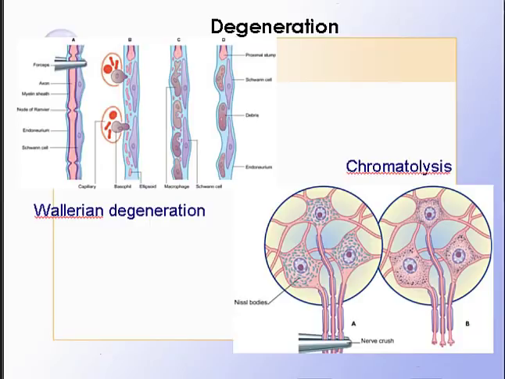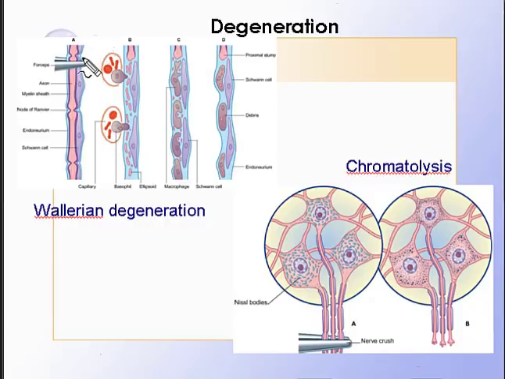Now here let's talk about degeneration and regeneration within the nervous system. And first we are going to look at degeneration. Now there's one type of degeneration which is seen, and this is known as Wallerian degeneration. Wallerian degeneration occurs in the peripheral nervous system mainly. What happens is that when the nerve fiber or the axon is cut, let's say up here, so here the nerve fiber or the axon has been crushed.